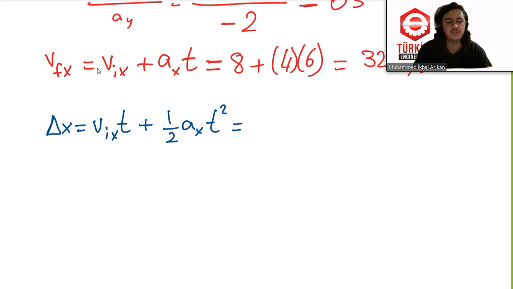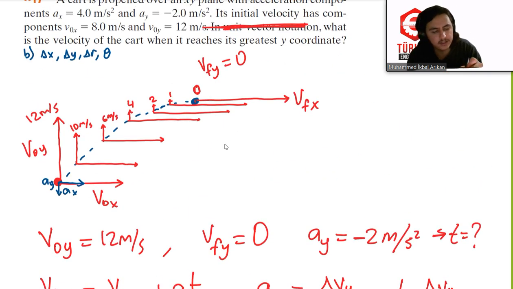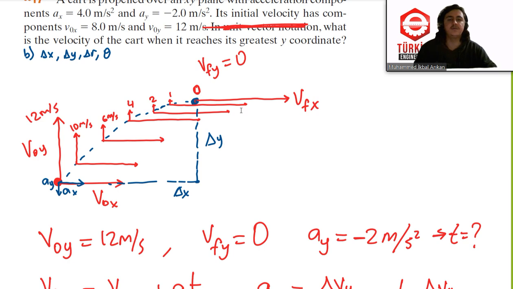So I will put my initial x, which is equal to 8, then my time, which is 6 seconds. I'm calculating delta x, from this point until here, and delta y, which is the height.